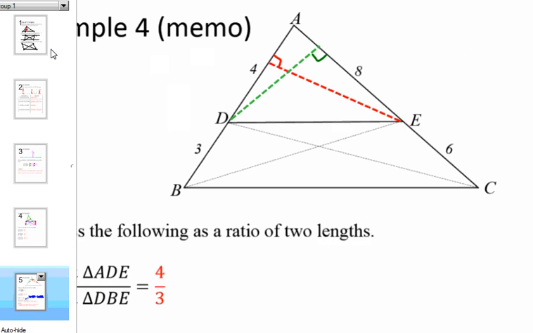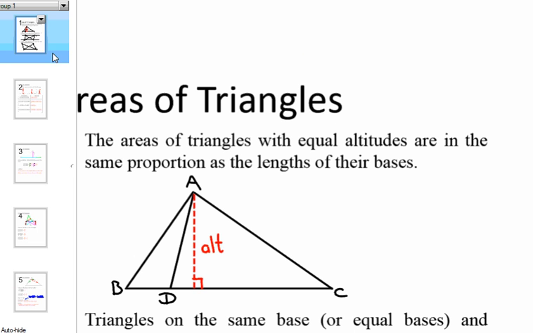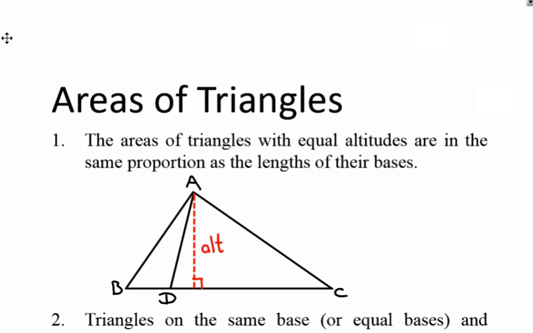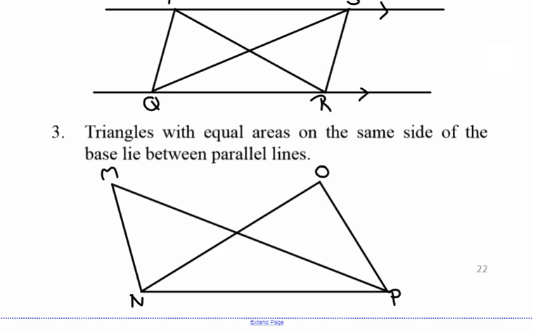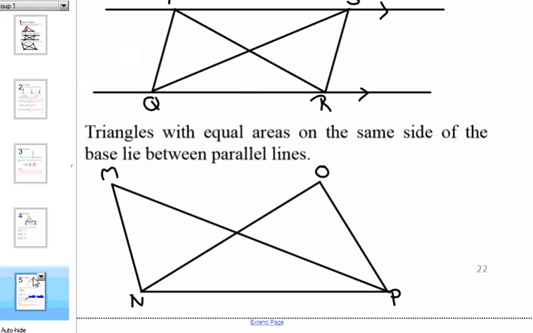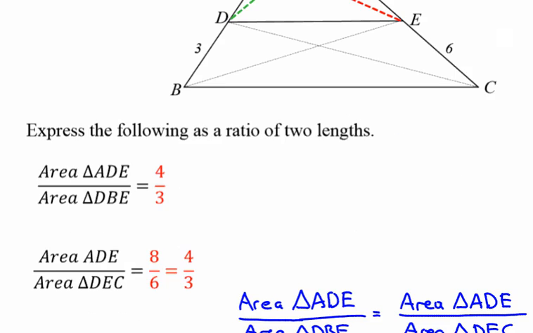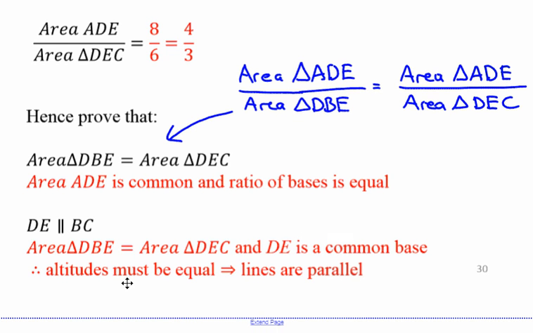And if we go all the way back to what we did on the first page, we'll see here that triangles with equal areas on the same side of the base lie between parallel lines. So that's why we can conclude here. Our altitudes must be equal. We know the areas are equal. We've got a common base, so the lines are parallel.